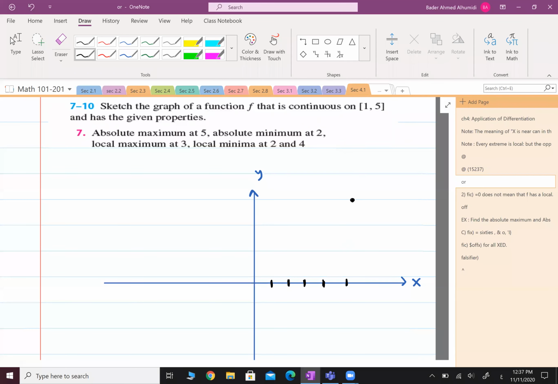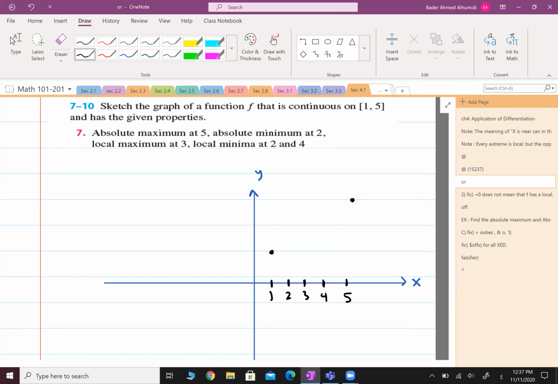Okay. Local maximum at 3. So this is 1, 2, 3, 4, and 5. Let us go: absolute maximum at 5, absolute minimum at 2, local maximum at 3, and local minimum at 2. If we start here at 1 as an example. At 2 what do we have?